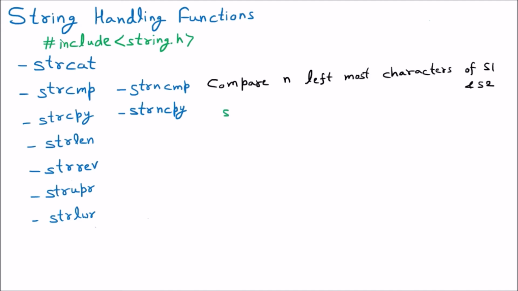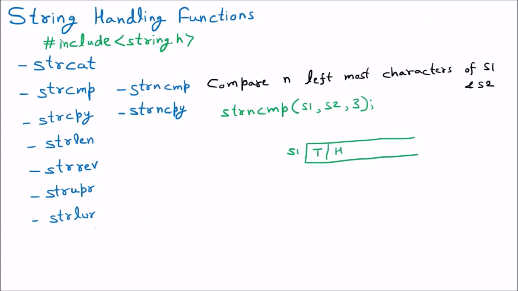I am taking one example to make you understand. Let us suppose that we have written strncmp. In the bracket we have mentioned s1 comma s2 comma 3. Now assume that s1 is one array of characters in which we have T H E I R. At the end /0 is there.